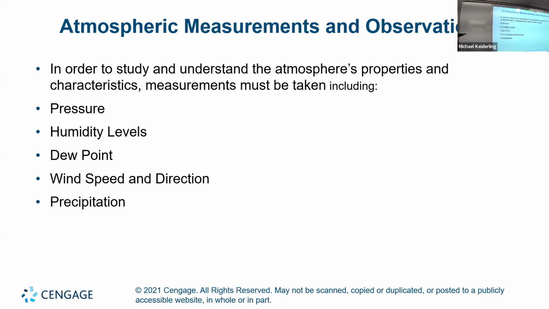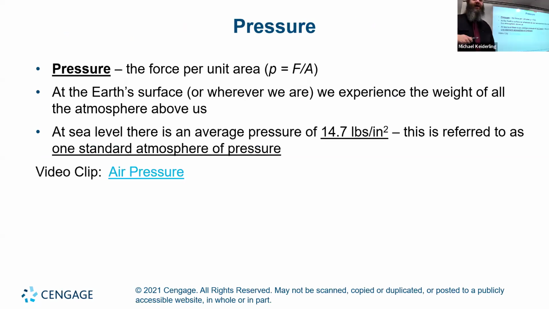The wind speed and direction, that's useful if you want to understand how air is moving around. And lastly, precipitation. Is it raining and how much is it raining? So like right now, it's raining. And there's precipitation. That's why I thought the barometer reading was odd, because generally low pressure corresponds to cruddy weather.